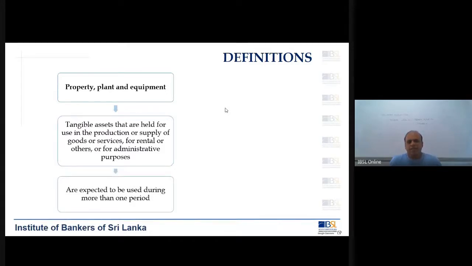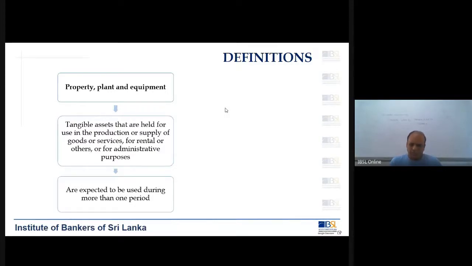And secondly, they are expected to be used during more than one period. This again is a very important statement. Say for example, you are buying a water bottle. This water bottle is something like a consumption. You buy it for the purpose of drinking it. Can this water bottle be called an asset?